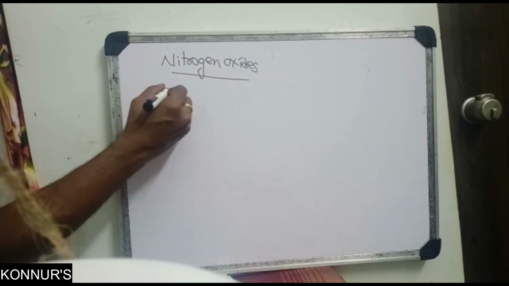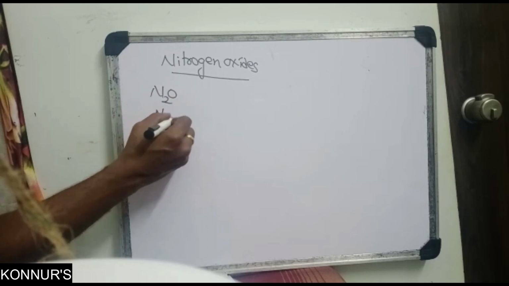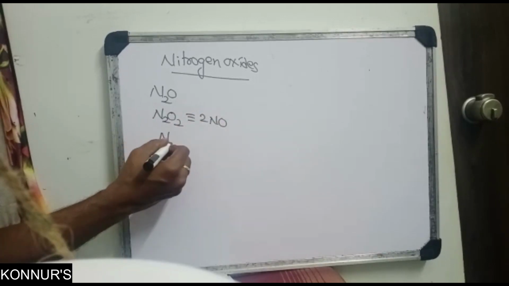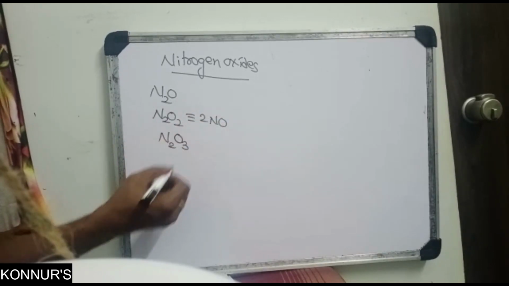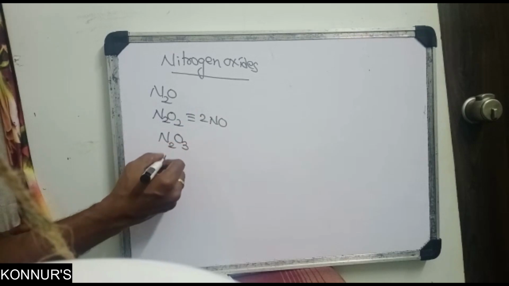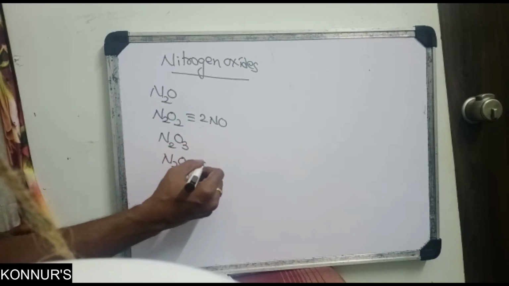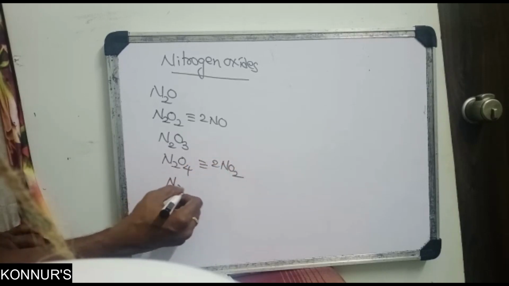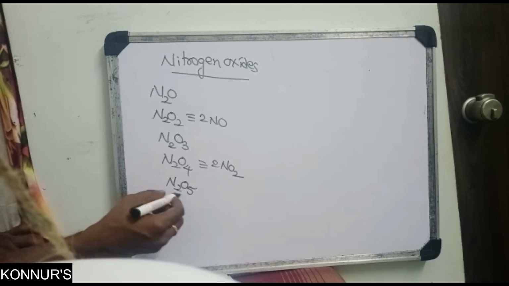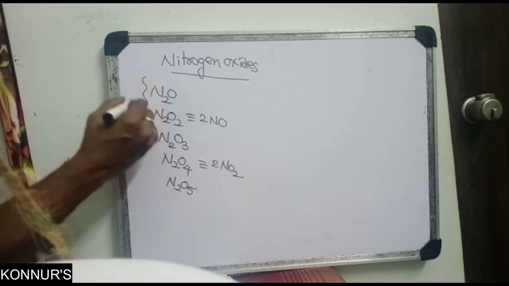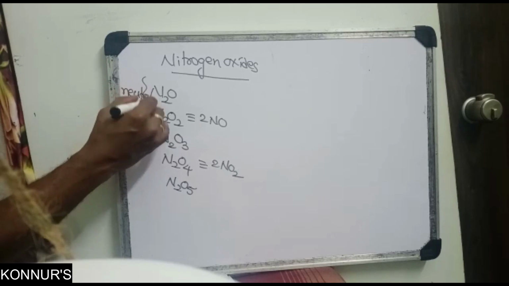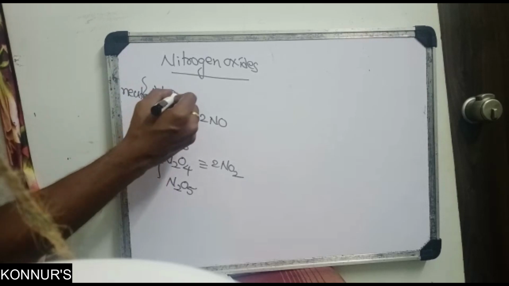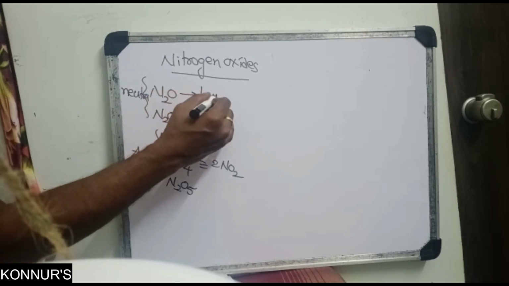You take nitrous oxide, nitric oxide, dinitrogen trioxide, that is nitrogen sesquioxide, dinitrogen tetroxide, also nitrogen dioxide, and N2O5, dinitrogen pentoxide. See, these two are neutral. These are acidic. The famous name for nitrous oxide is laughing gas.